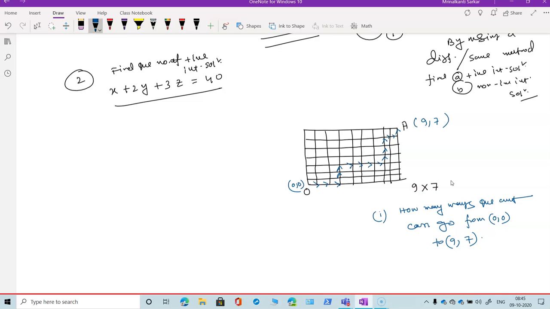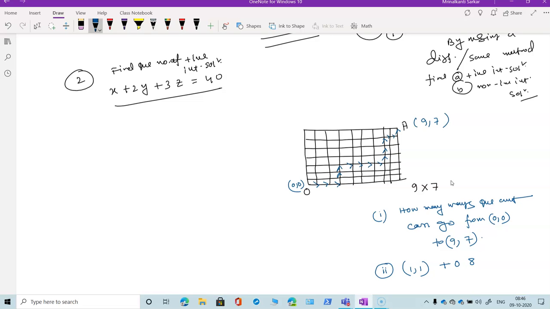This is the first question. The second question is, how many ways can it go from 1, 1 to 8, 5?